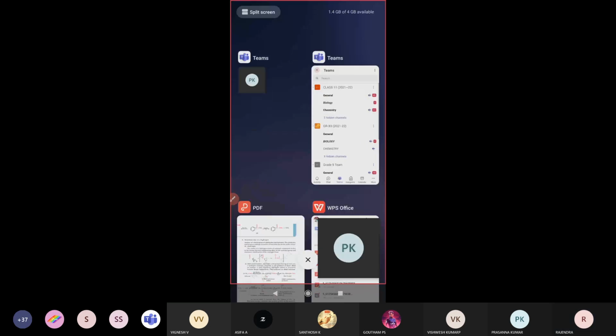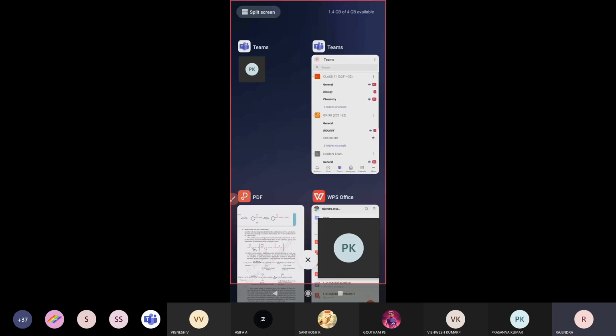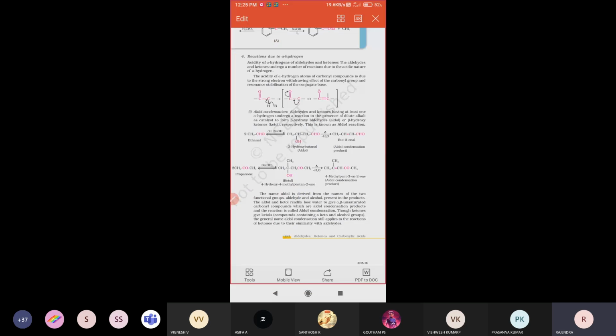Next one, it is very, very important. What is meant by aldol condensation? For aldol condensation, an alpha hydrogen atom must compulsorily be present, either in the aldehyde or in the ketone. The aldehyde or ketone must have at least one alpha hydrogen atom.